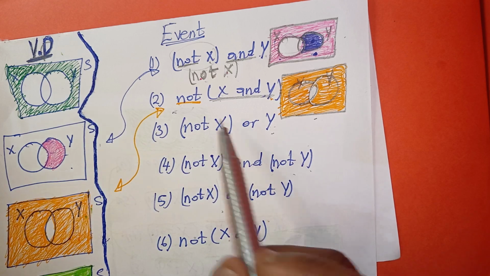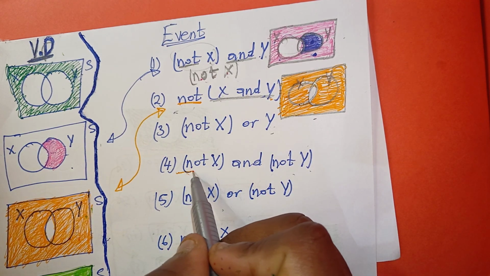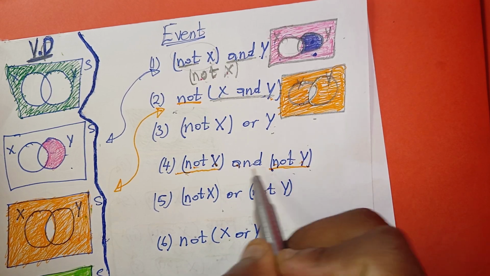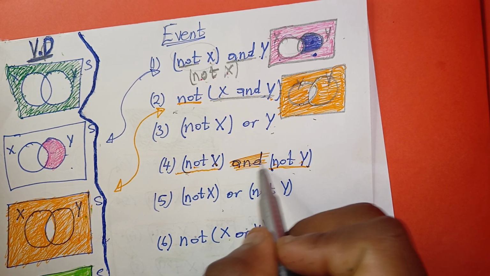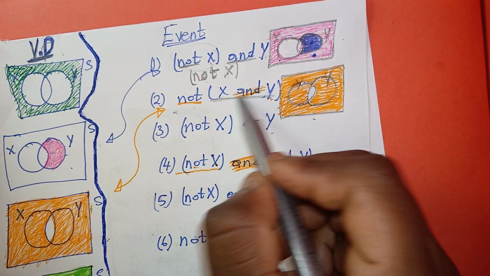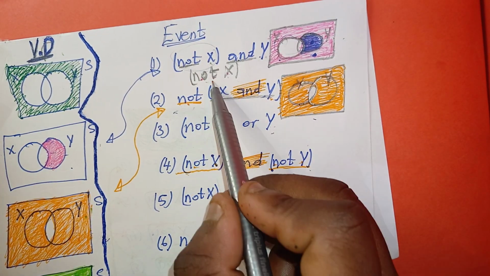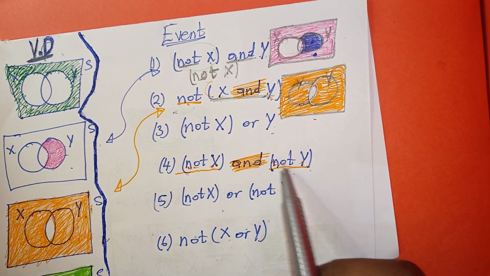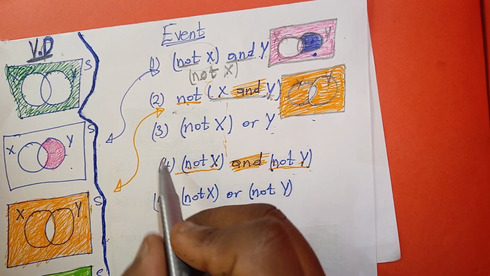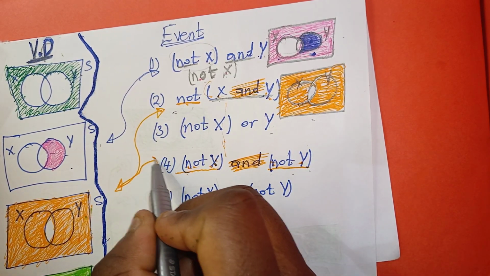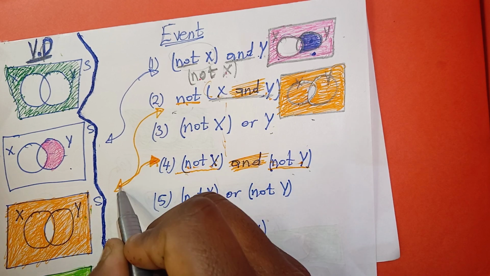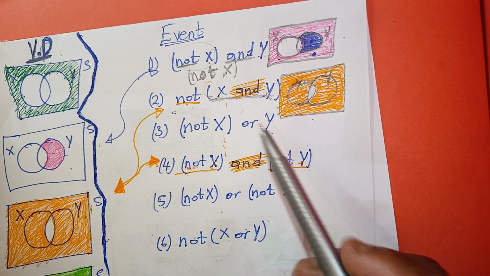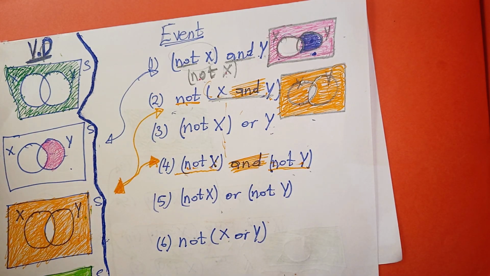It can also be written as not X and not Y. Here they say not X and Y, and here they say not X and not Y. These two things are the same, so this is also equal to that one. Here it is just a matter, guys, of understanding the way they write and knowing how to draw the diagrams.